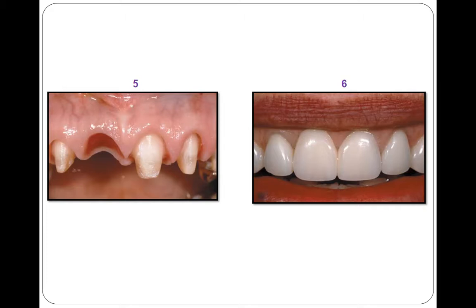Now following 4 weeks, the height of the Pontic is reduced by about 1 to 1.5 millimeters, and it is kept in place for about 9 months, and you can see how well this gingival margin has been shaped up and the papilla is maintained interdentally. And in picture 6 you can see the effect of this procedure is quite stable even after several years.